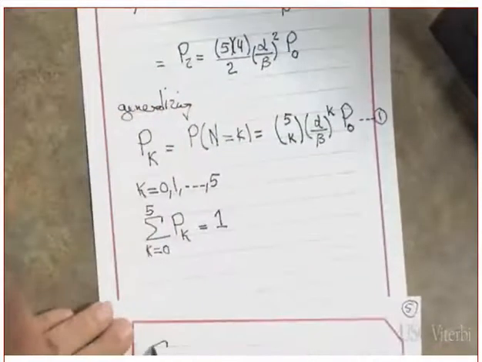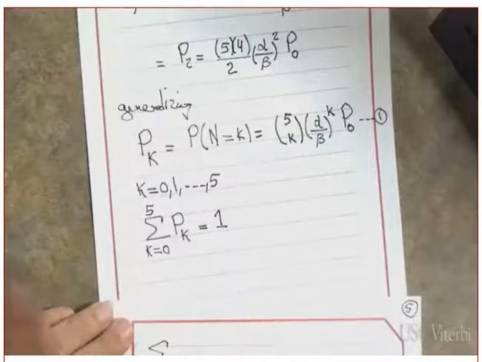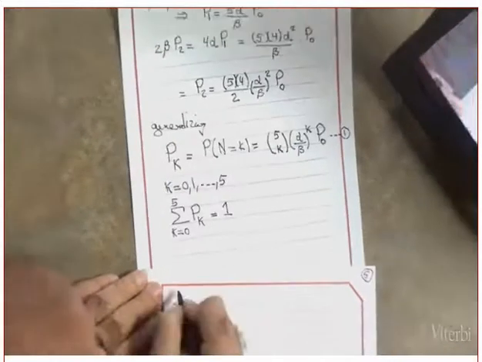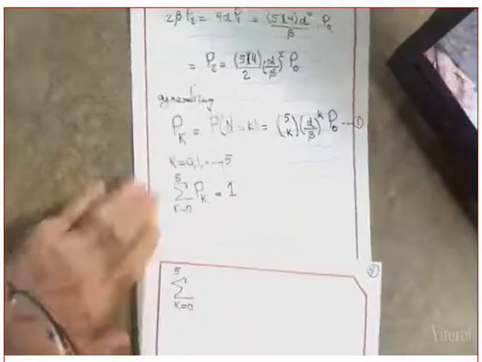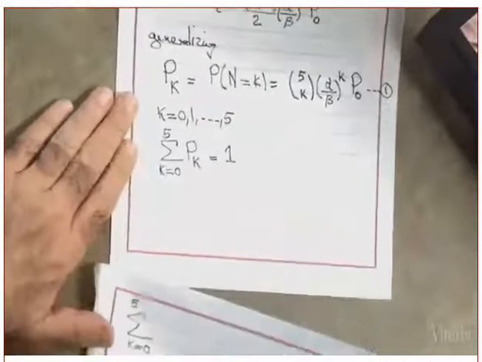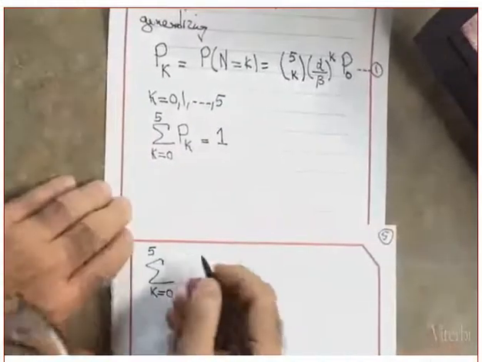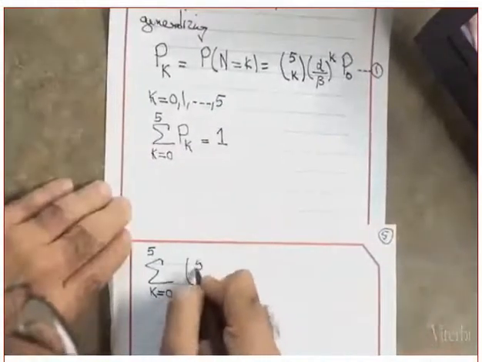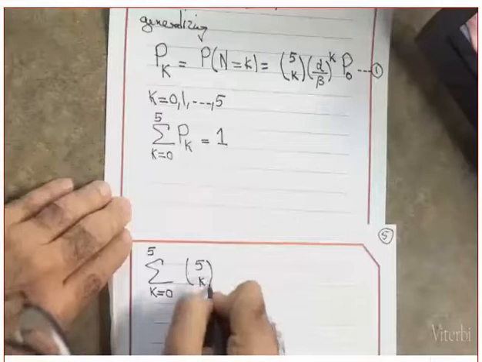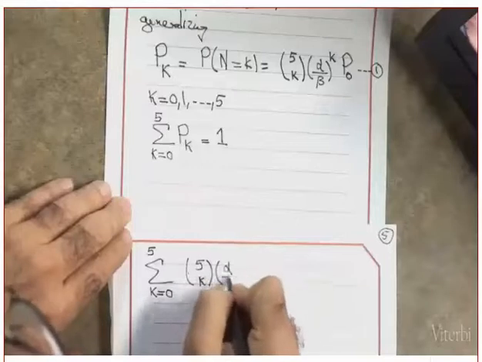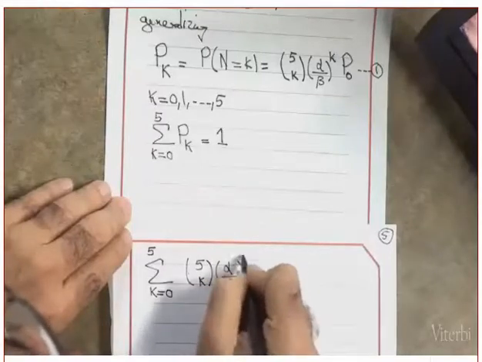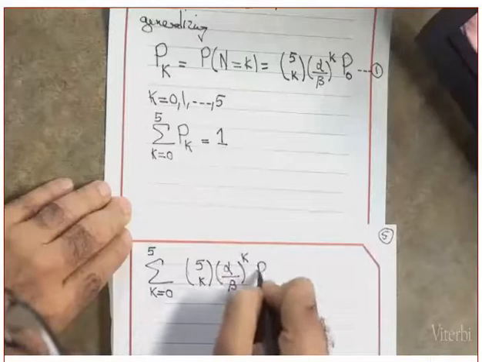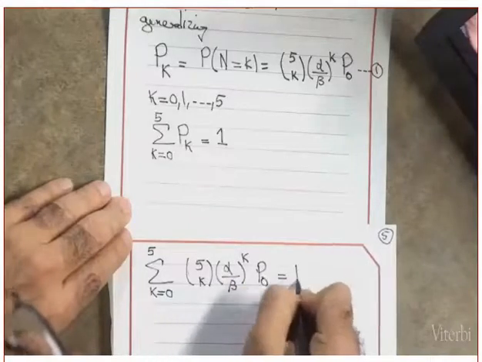Which means the summation of K equal to 0 to 5 of what? 5 choose K, alpha over beta to the K, P0 is equal to what? 1.